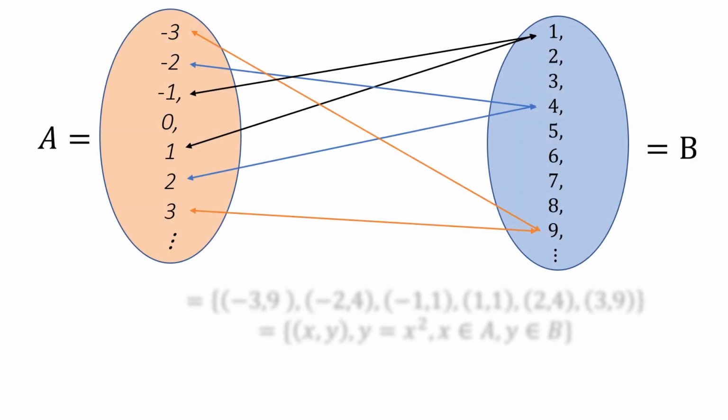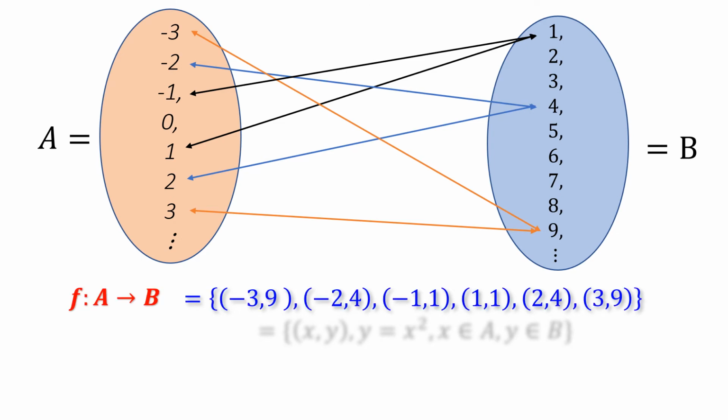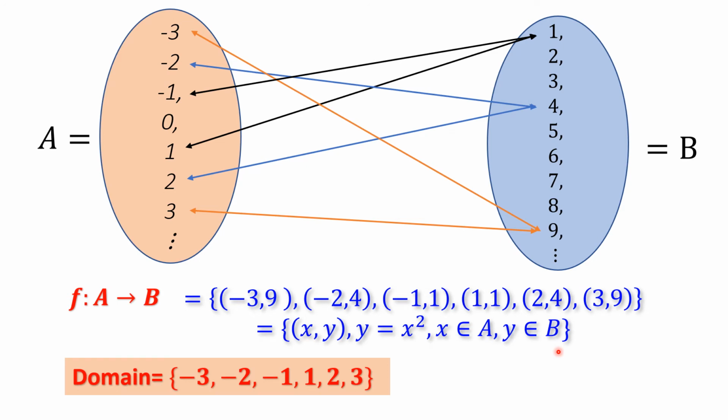Therefore, in the example that we have seen, f from A to B is the set of ordered pairs minus 3 comma 9, minus 2 comma 4, minus 1 comma 1, 1 comma 1, 2 comma 4, 3 comma 9, defined as the set of ordered pairs x comma y such that y is equal to x square, where x is in set A and y is in set B. The domain of this function is the set of first elements of the ordered pairs, and it is equal to the set of minus 3, minus 2, minus 1, 1, 2, 3.